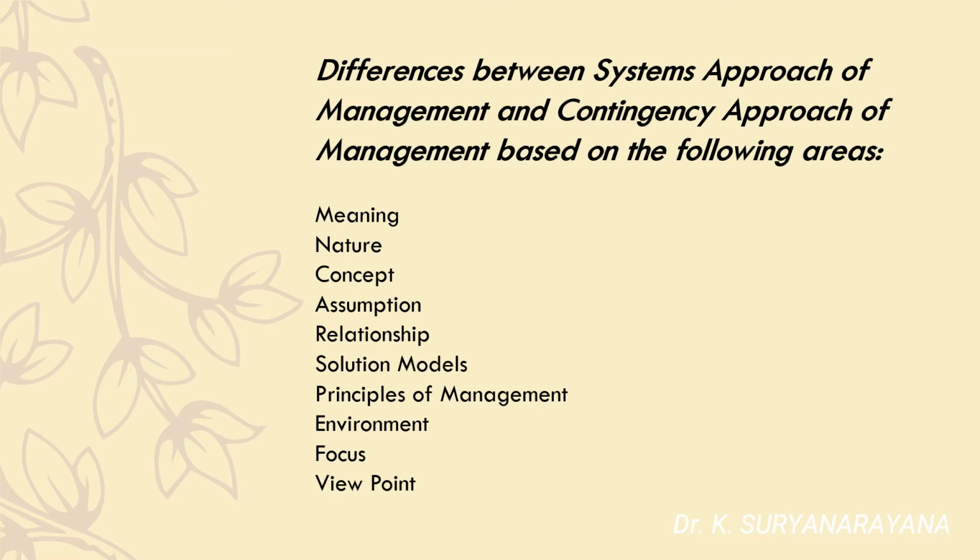appropriate for all situations. Coming to the nature, in systems theory, it is more complex and unclear, whereas in contingency theory, the approach is very much practical and action oriented. Coming to the concept, systems theory approach defines the interdependency between systems and subsystems.